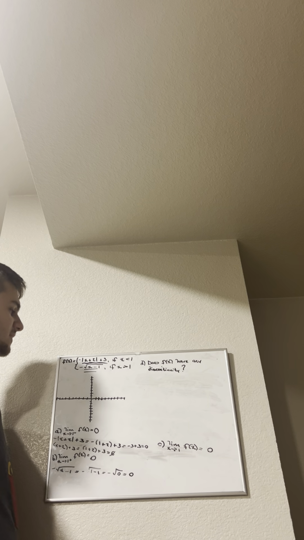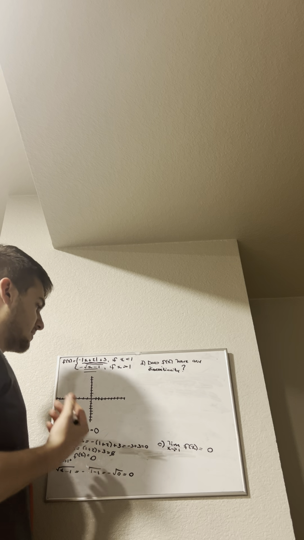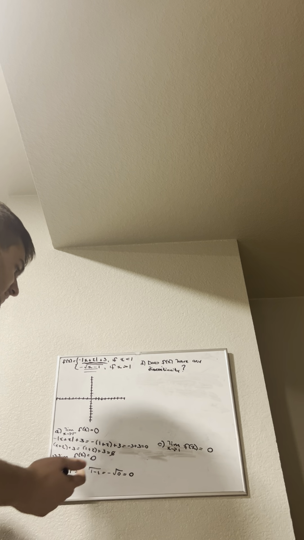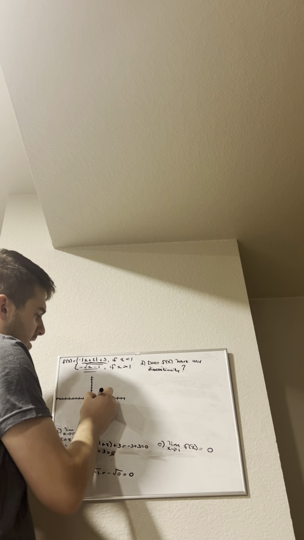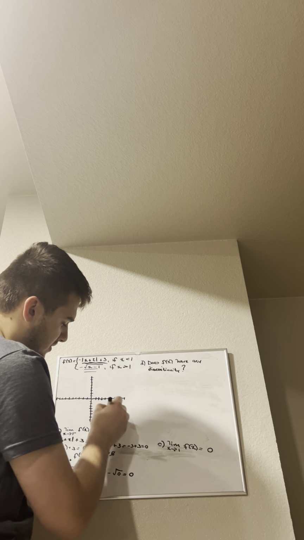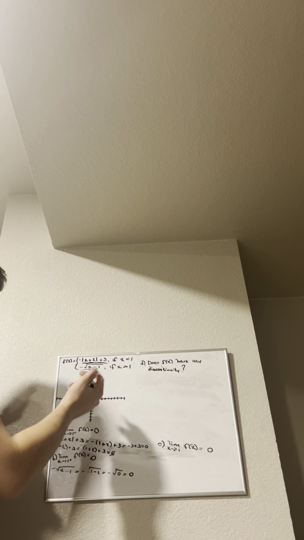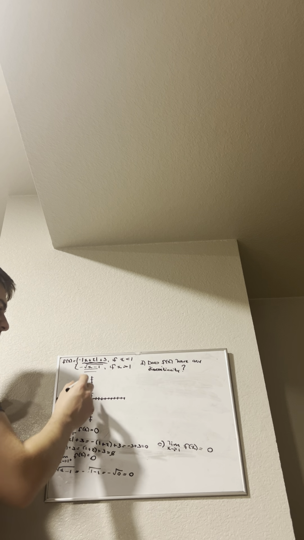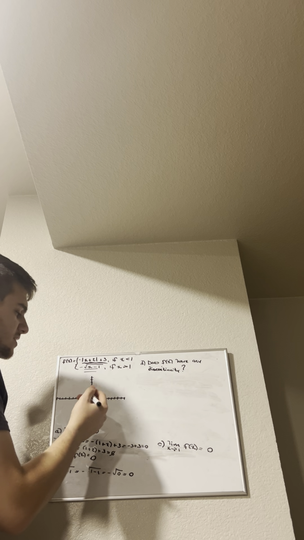So let's start off with this second function right here. So negative root of x minus 1 if x is greater than 1. So given that x is greater than 1, this function is going to start from over here. It's going to go to the right. So if we plug in 1 for x, negative root of 1 minus 1 is root of 0, which is just 0.